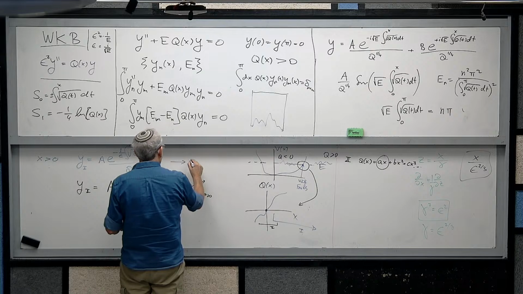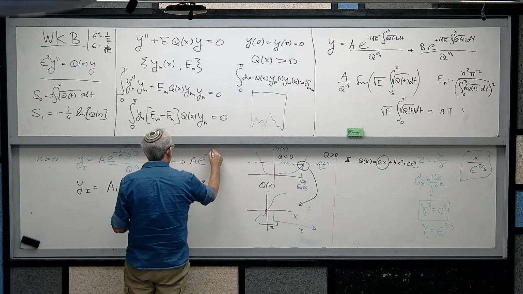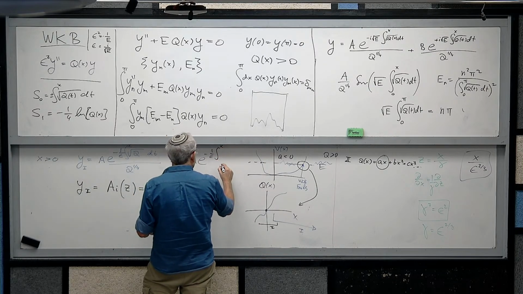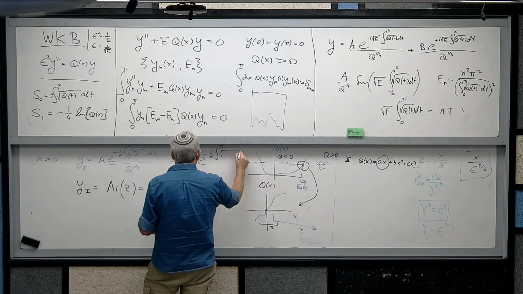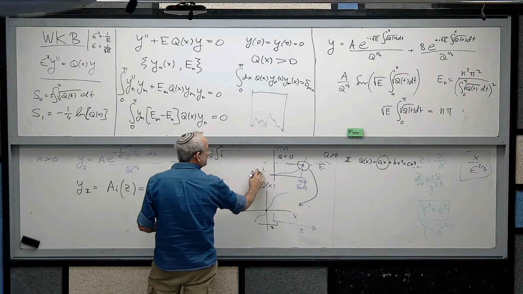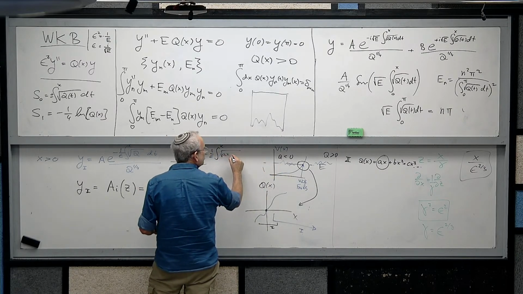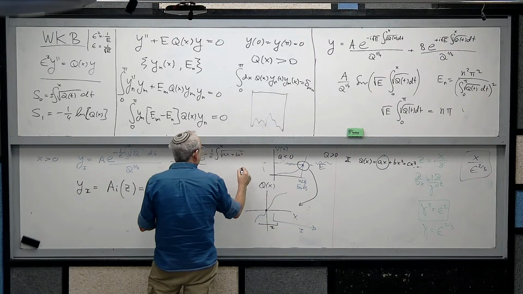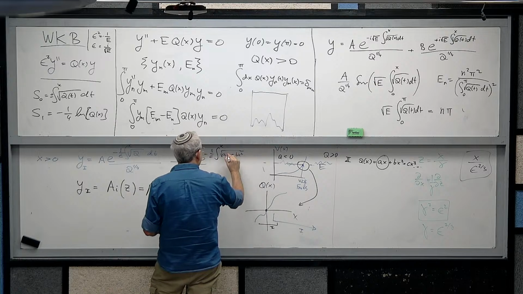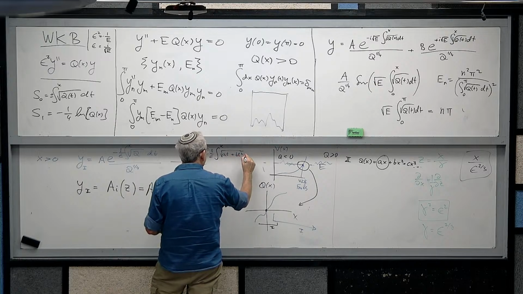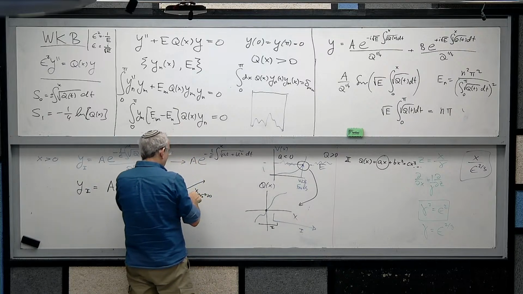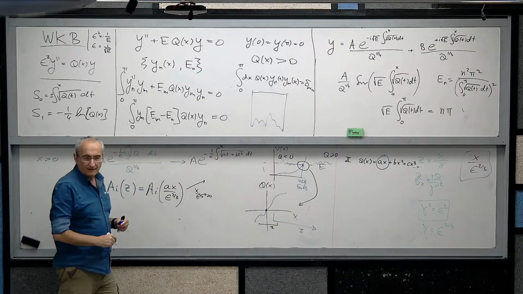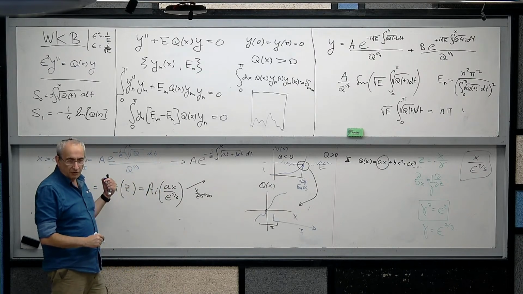When x goes to 0, what I have is e to the minus 1 over epsilon integral up to x of the square root of q. But we decided that q is ax plus bx squared, so the integral of the square root of at plus bt squared dt. And for the moment, we neglect the bt squared term, because x is small.